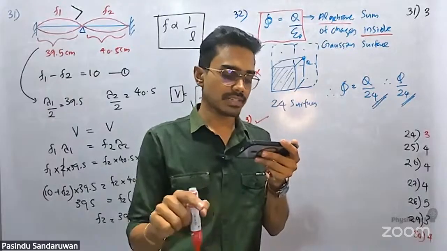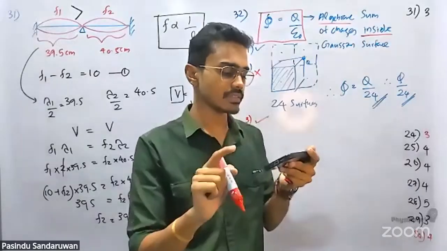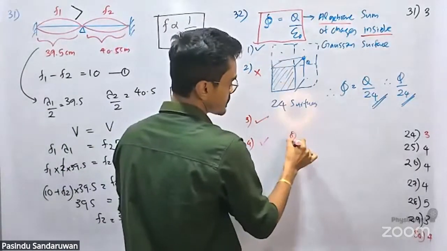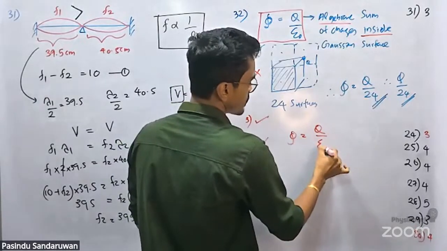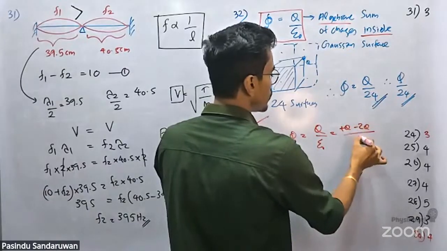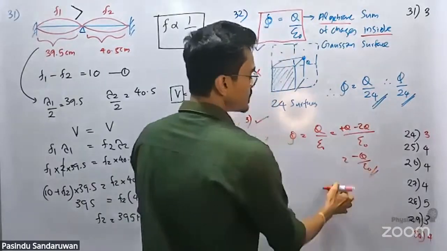So net flux doesn't change, only the direction changes. That is also correct, because we are applying phi equals q over epsilon naught, and q is plus q minus 2q over epsilon naught, that is minus q over epsilon naught. Still, the magnitude is same.